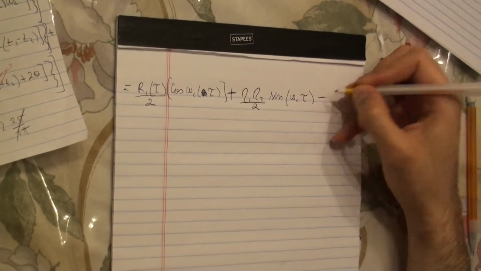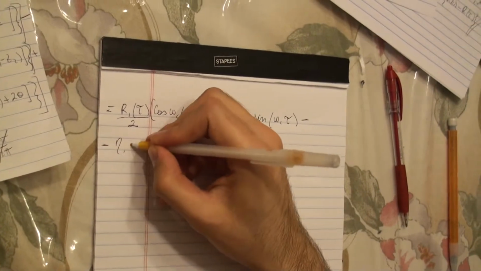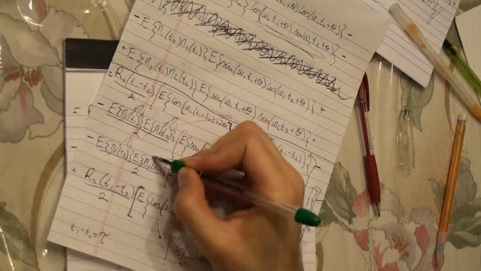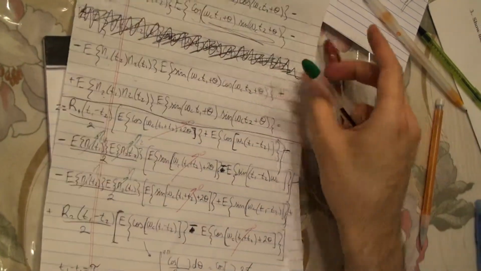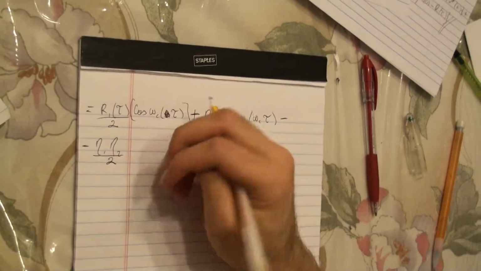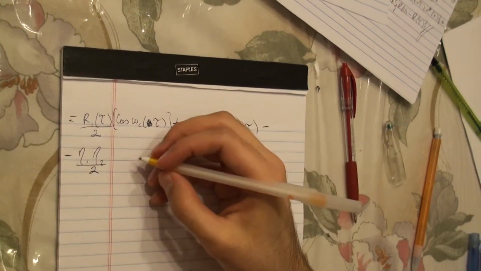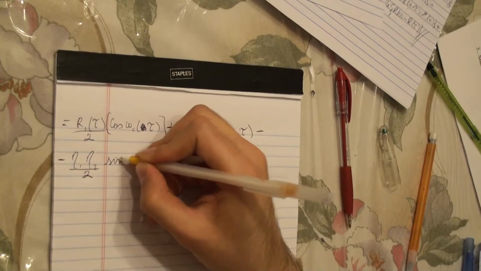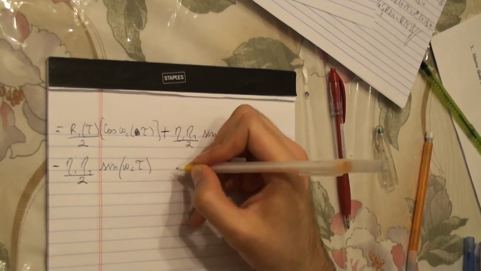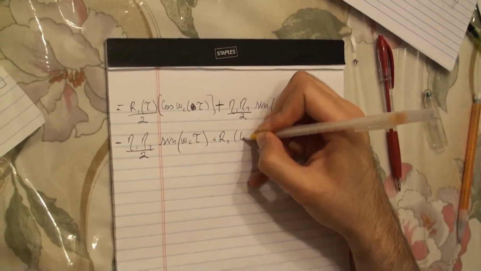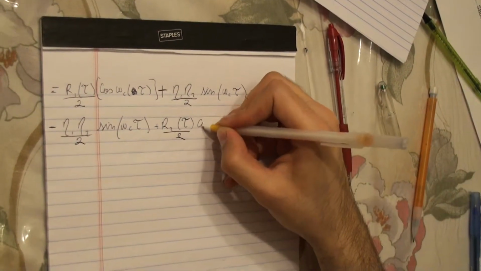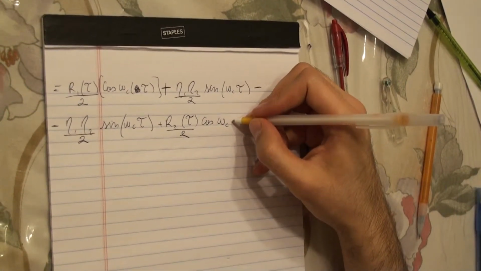Right. Then we get minus, we have a similar thing. We have eta 1, eta 2, because these guys become eta 1, eta 2, over 2 times, we have a plus, so the minus stays the same. So we get sine of omega c tau plus R2 tau over 2 times cosine omega c tau.